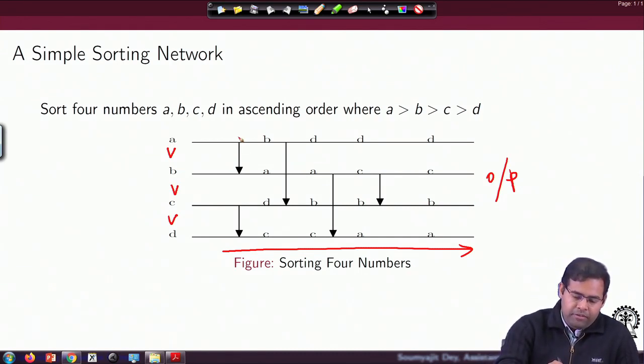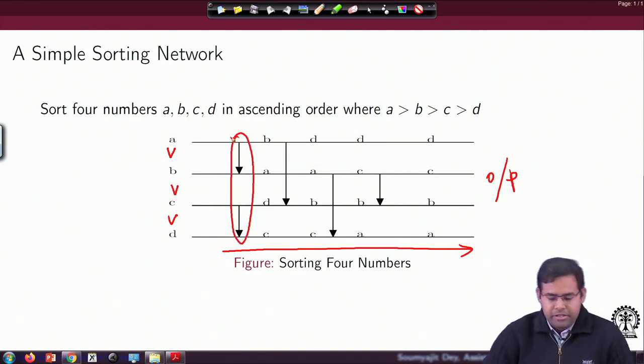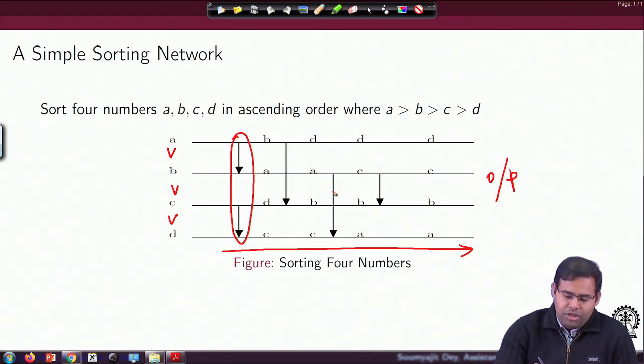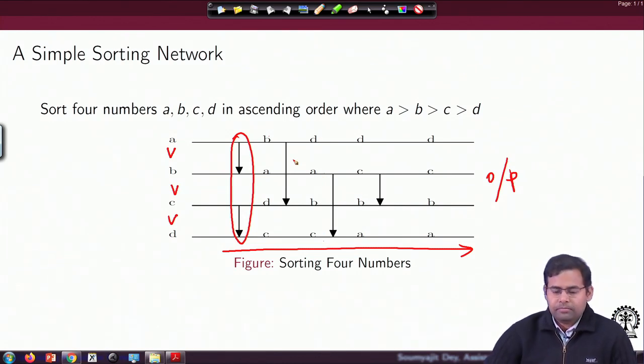For example, this set of comparisons, I can easily do them in parallel, right? And can I do these two in parallel? Okay, why not? Because apparently there is no dependency between the inputs and outputs, right? Because here you are comparing A and D, and here you are comparing B and D, and here you are comparing A and C, right? So even this could have been done in parallel.